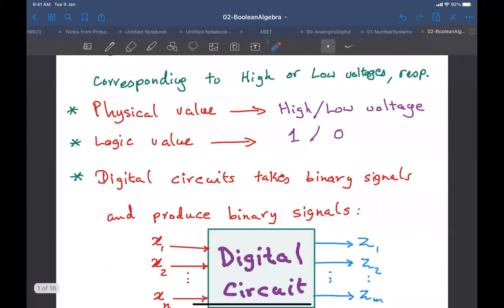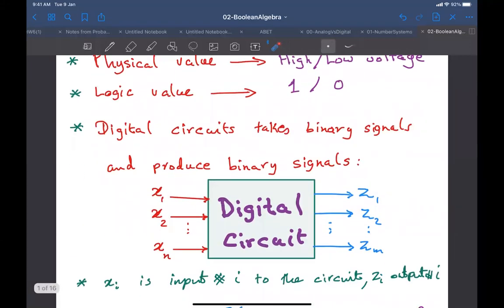Now this is the general model of a digital circuit. We have a digital circuit as a black box that consumes n signals labeled x sub 1, x sub 2, all the way to x sub n, and produces the output of the digital circuit.